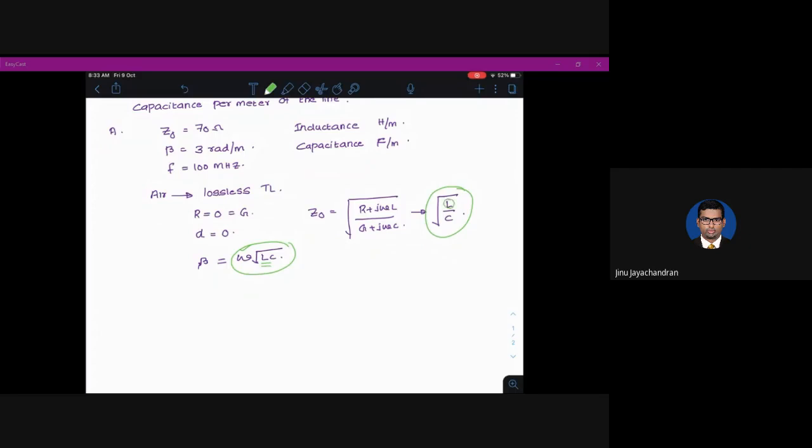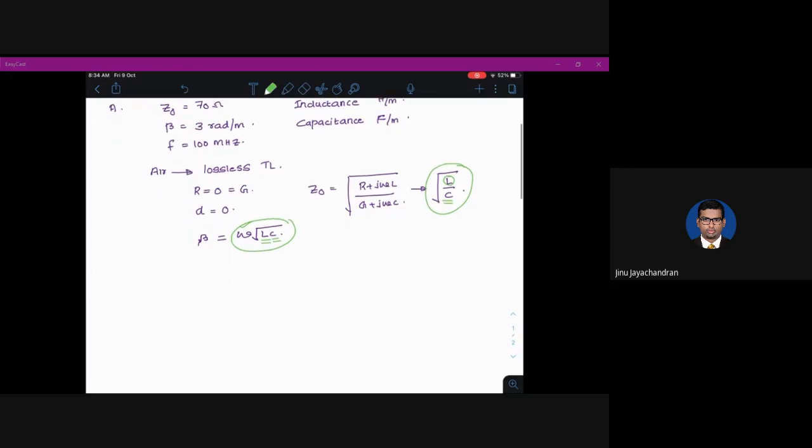So if you somehow divide both of them, then the L will vanish. The C here is in the numerator and this is in the denominator, so when you divide these two, the C will come up.